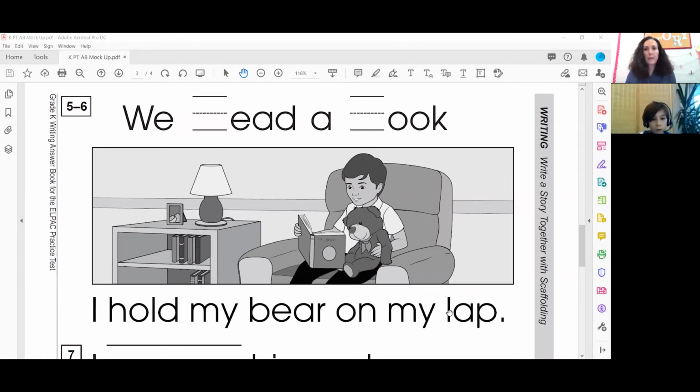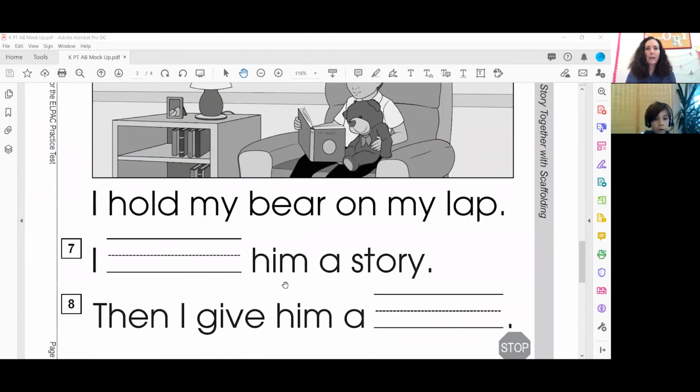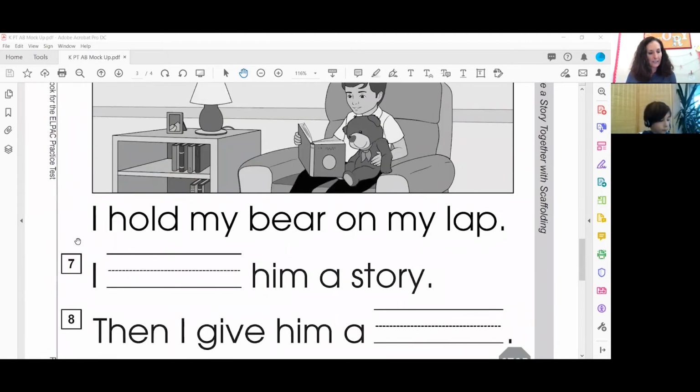Okay, Chris, eyes on the screen. The first sentence in the story is, I hold my bear on my lap. The second sentence should say, I tell him a story. The word tell is missing from the sentence. Say the word tell. Tell. Now write the word tell.